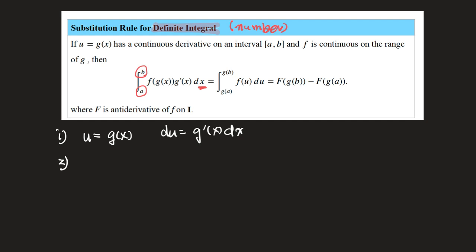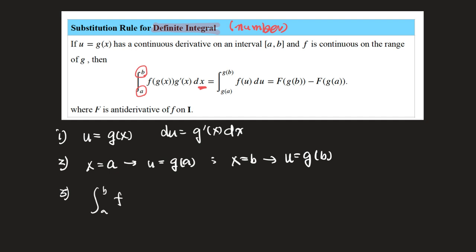So what are you going to do here? When x equals a, it changes to g of a. When x equals b, it becomes g of b. Then you change everything.